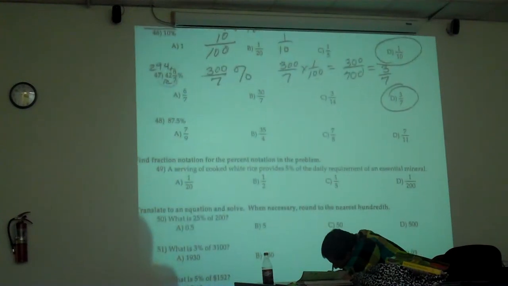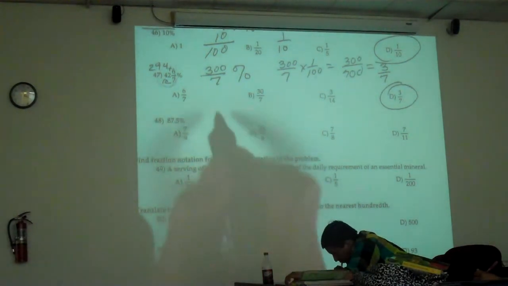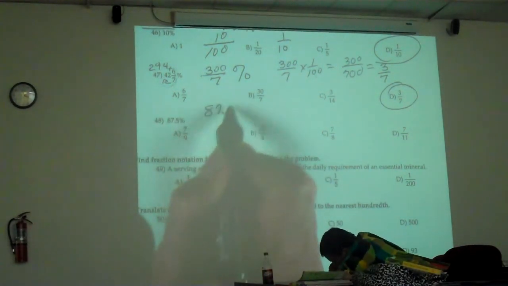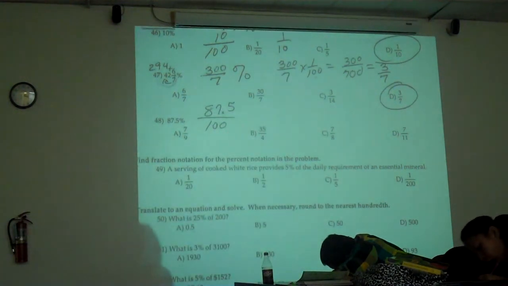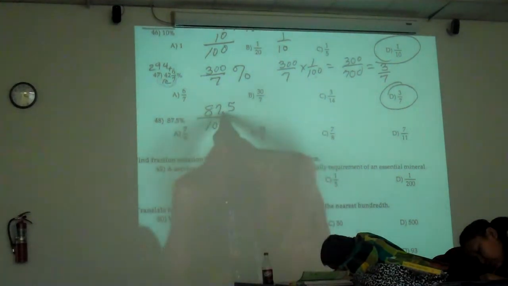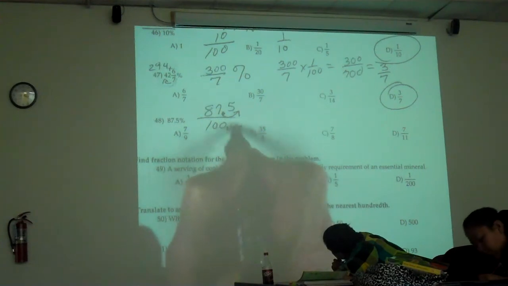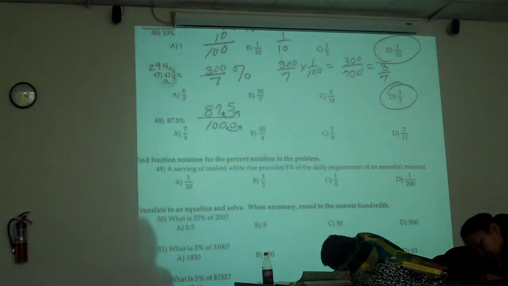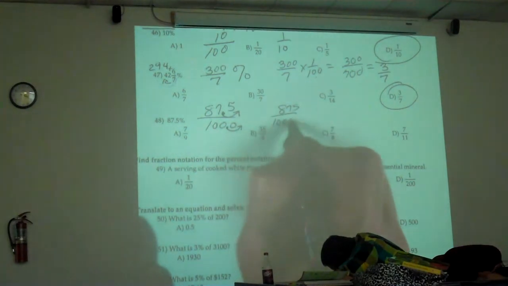Okay, 87.5, we need to make that into a fraction. Okay, if you want to put that as a decimal over 100, what we need to do to make them both whole numbers, if we move this decimal one time, we need to move this decimal also. Add a 0 to the bottom. 875 over 1,000.